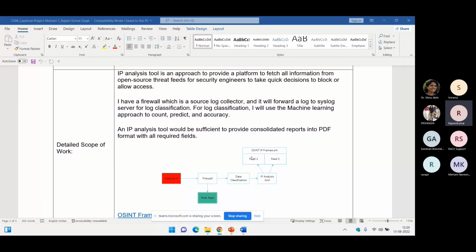So basically, the framework and the project are completely defined to identify malicious IPs and IP reputation, to deny access for an organization, because it is very difficult for them to analyze, and they also have to maintain their reputation in the market.